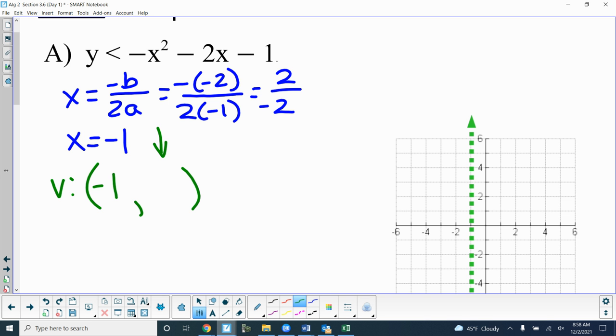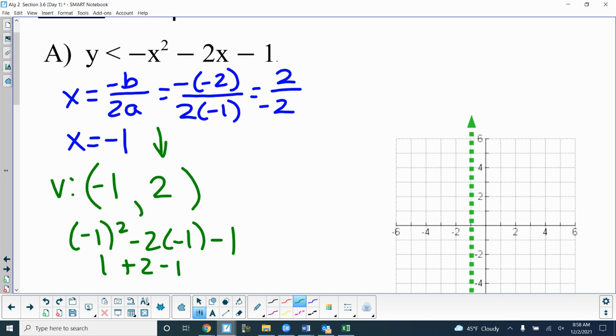So what's negative 1 squared minus 2 times negative 1 minus 1? We got a positive 1 plus 2 is 3 minus 1 is 2. So negative 1, 2 is my vertex. What's my y-intercept? Negative 1.